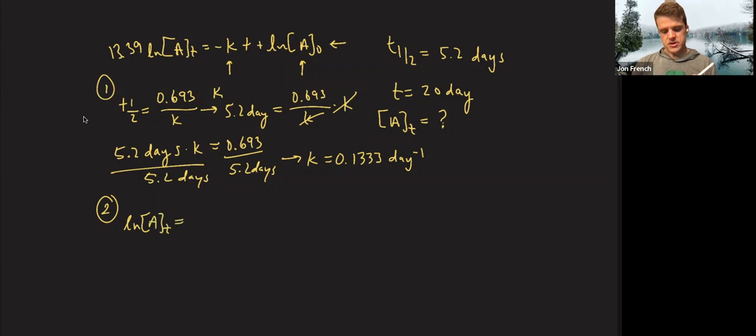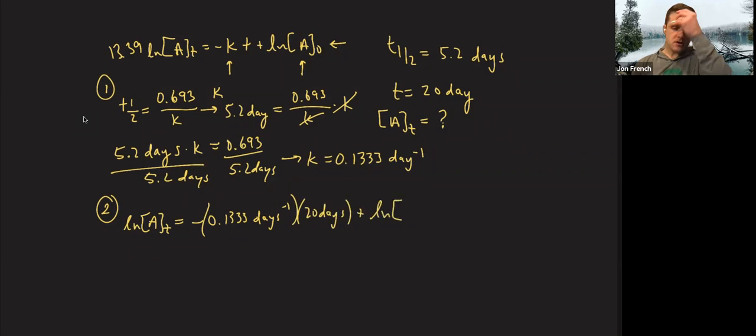natural log of concentration at time t equals negative K. We just found our rate constant to be 0.1333 inverse days. We know the time is 20 days plus the natural log of 1.